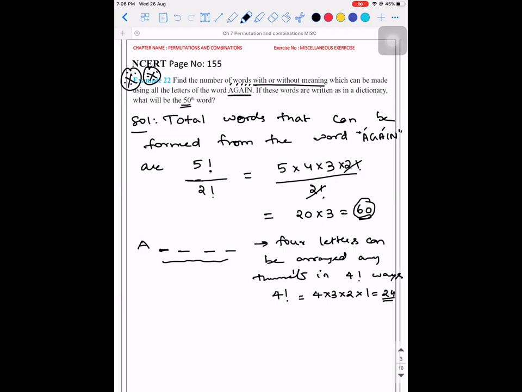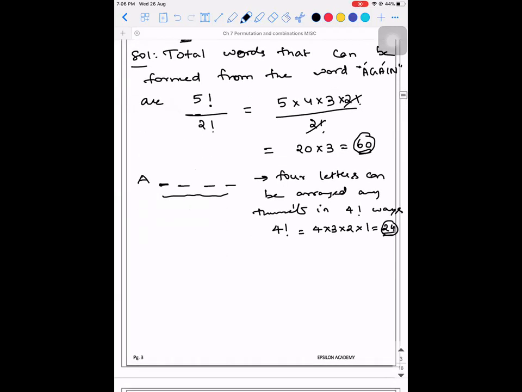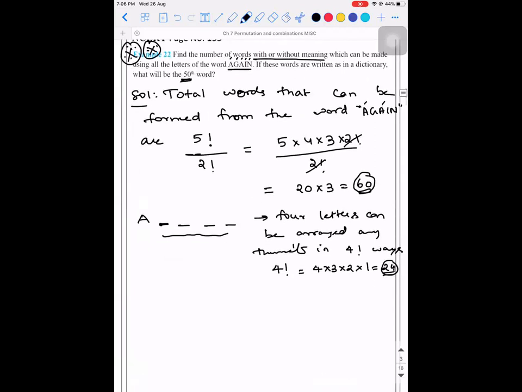Since 24 is less than 50, I'll look for the next letter in the first place. So the words with A are over. Only 24 words are possible with the letter A in the beginning. Now, after A, which letter will I put there? G, H, I. So G will come. So G means 4 blank spaces.